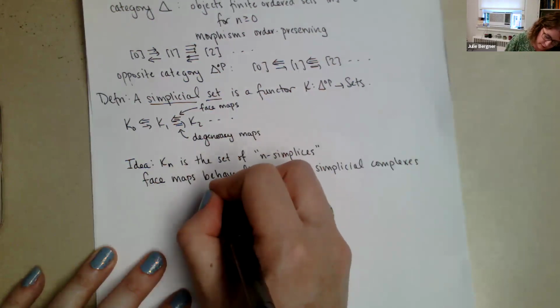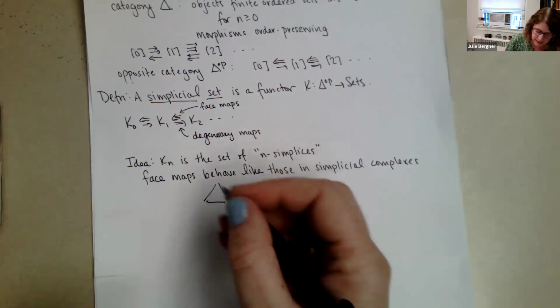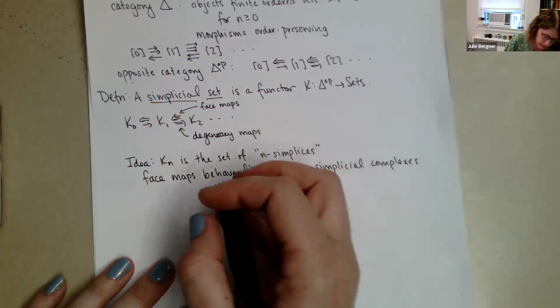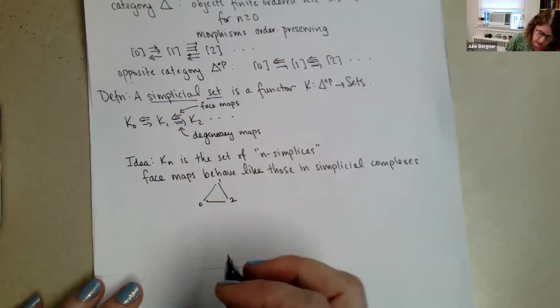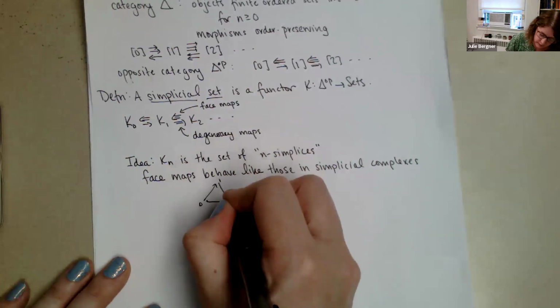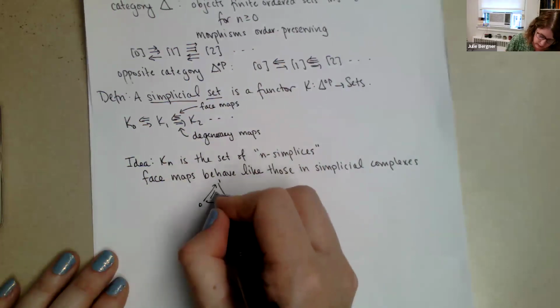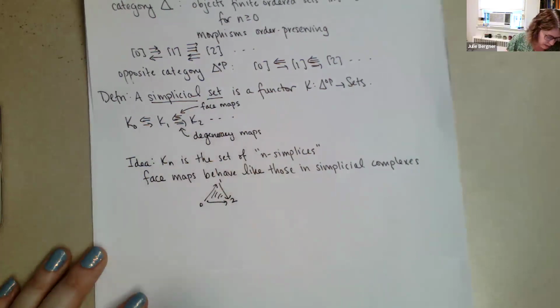So we have, say, a 2 simplex, and part of what this structure encodes by these maps, we can order the vertices, and then we can think of them as arrows, and then this is filled in. So this is a 2 simplex. We expect to have 3 face maps.